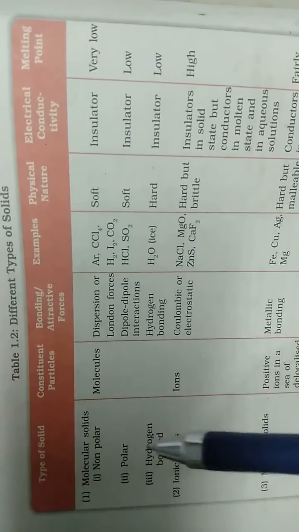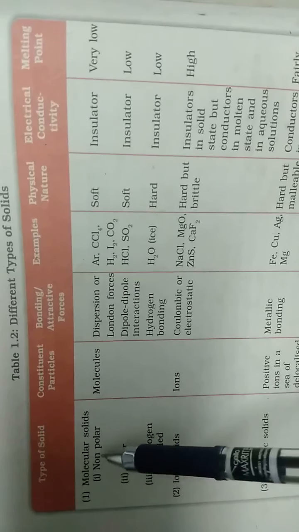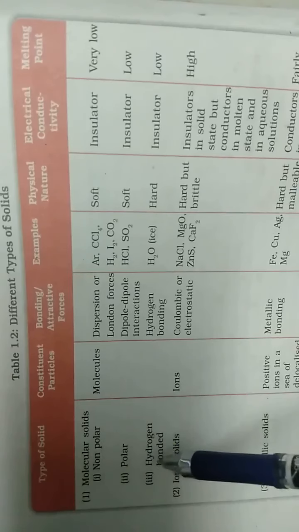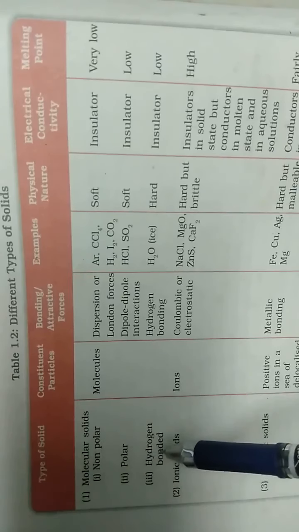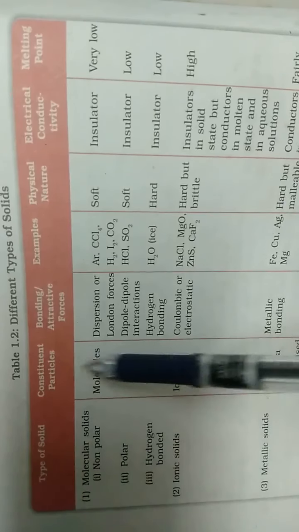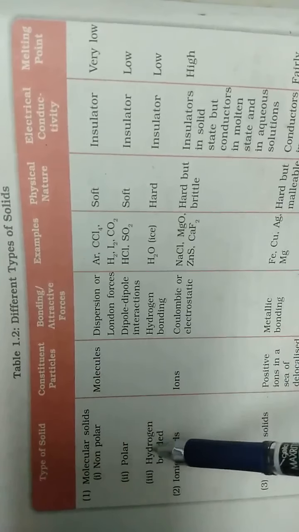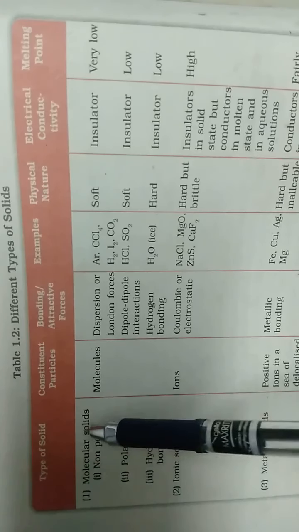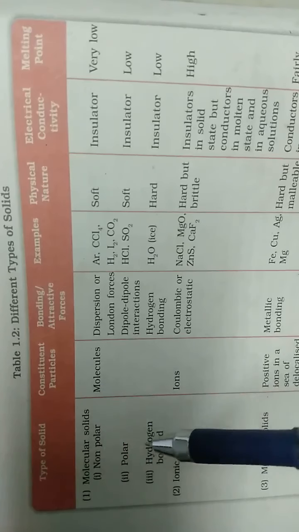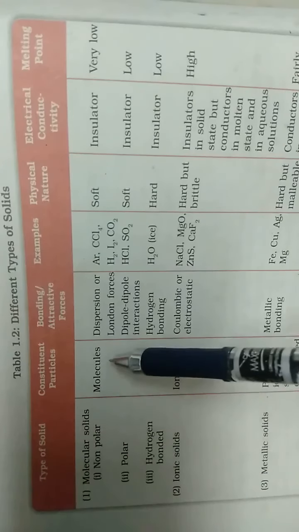On the basis of what type of intermolecular forces are present, molecular solids are again classified into how many types? 3 types: non-polar molecular solid, polar molecular solid, and hydrogen bonded molecular solid. So molecular solid is again classified into 3 different types on the basis of nature of intermolecular forces between the molecules.